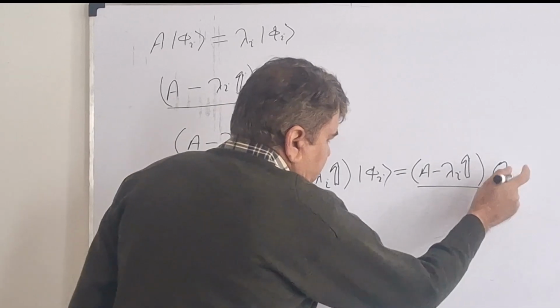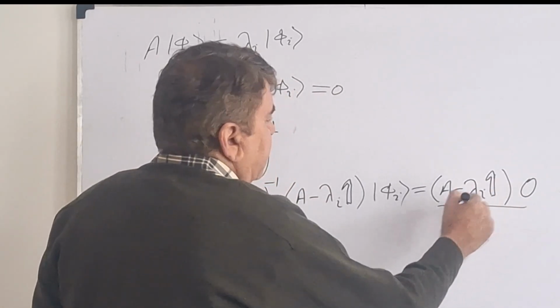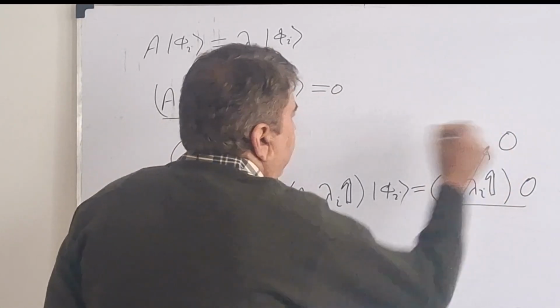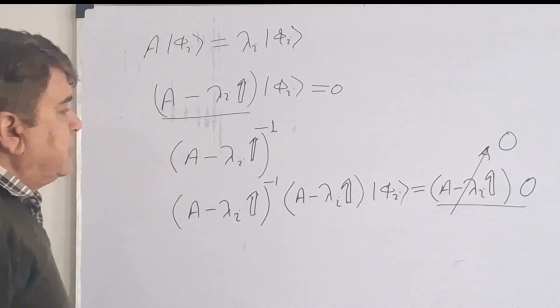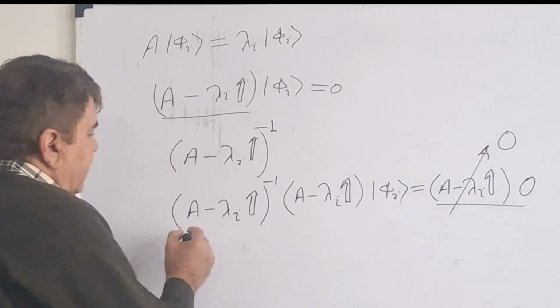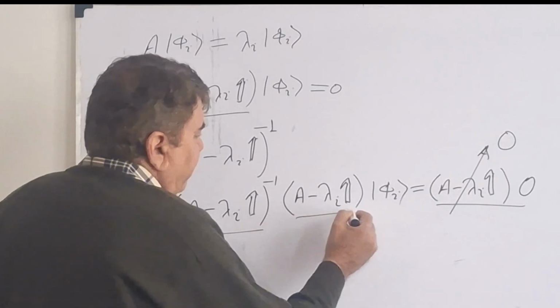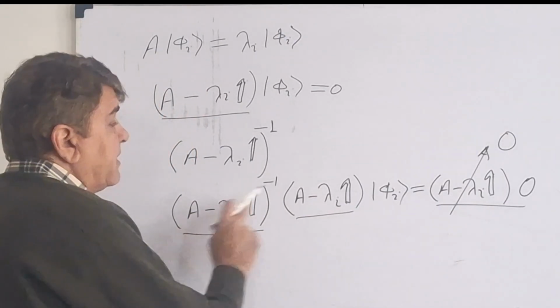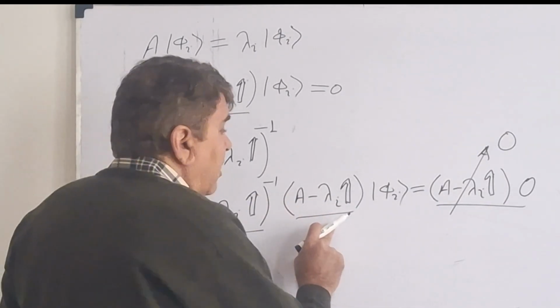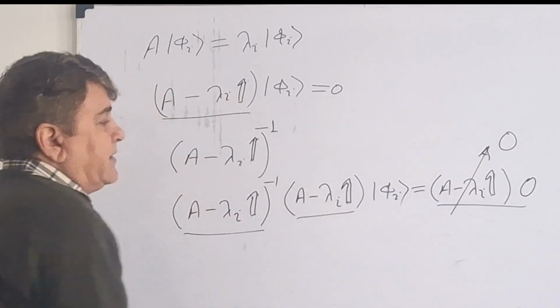Since this is a null matrix, the result on this side is again a null, 0. That means nothing. And on this side, this is the inverse of this matrix, and we know that the inverse multiplied with a matrix always results in the identity matrix.